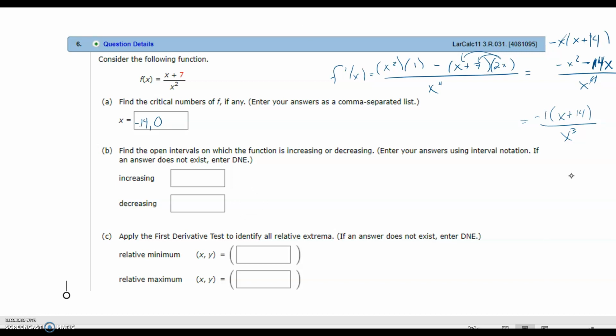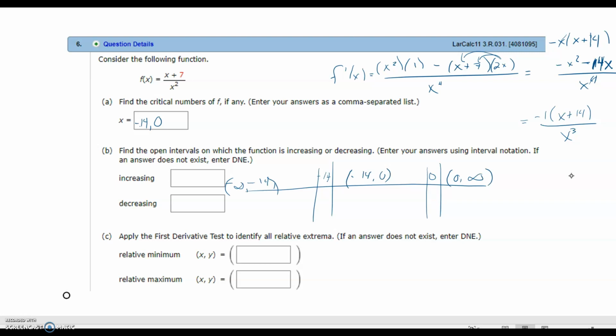Of course, you have an asymptote at x equals 0, right? So we'd have to break up the number line like this. Negative infinity to negative 14, negative 14 to 0, and then 0 to infinity.